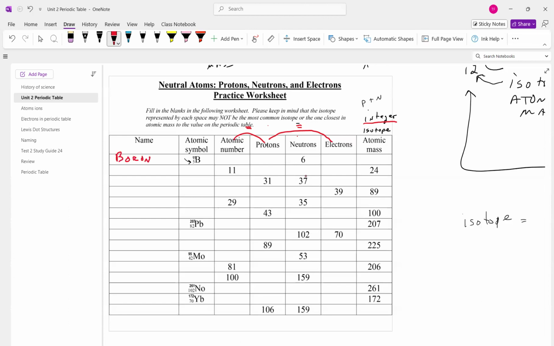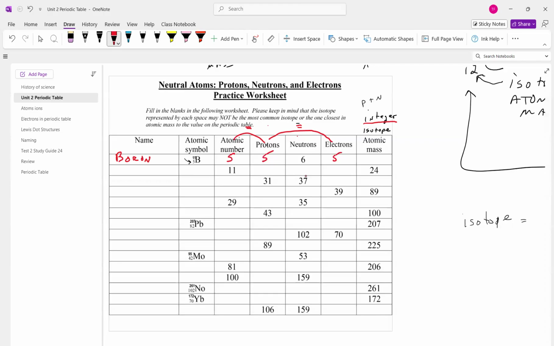Okay. Well, boron, if you look on the periodic table, how many protons does boron have? 5. So its atomic number is 5. How many electrons does neutral boron have? 5, right. Remember, charge is 0. So charged particle proton, charged particle electron, they have to be equal, otherwise it's not 0.